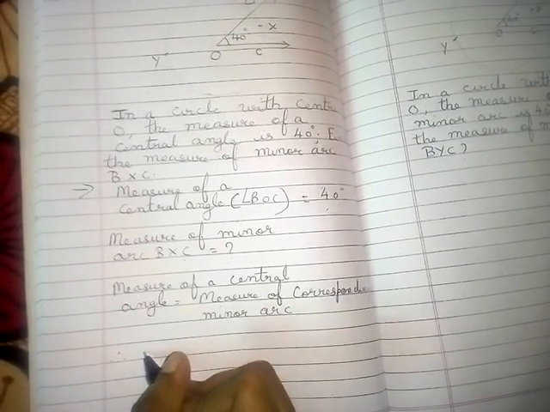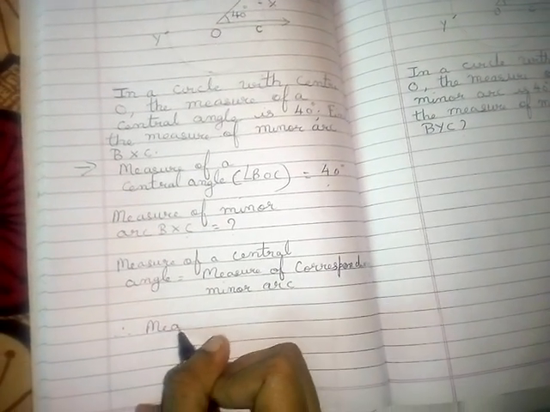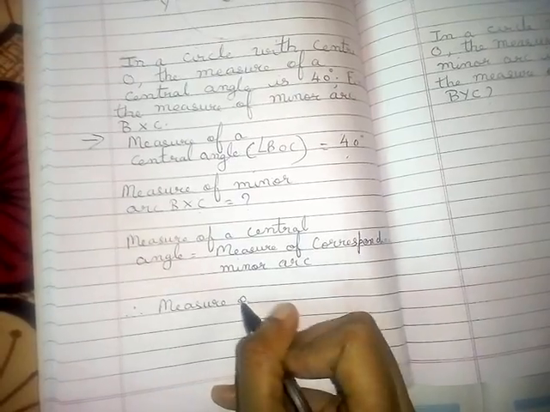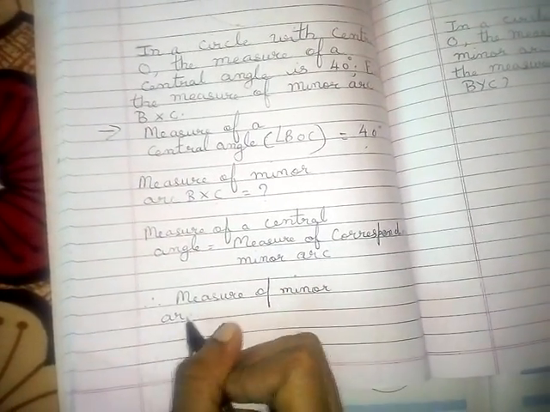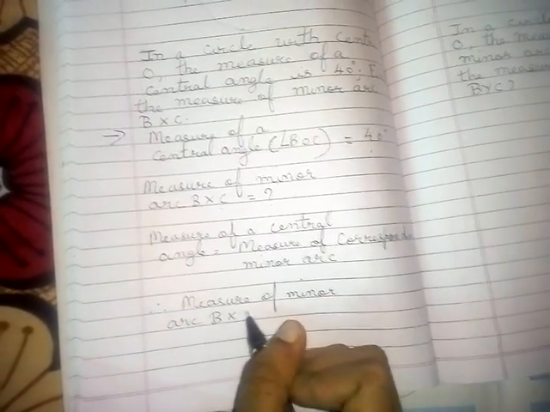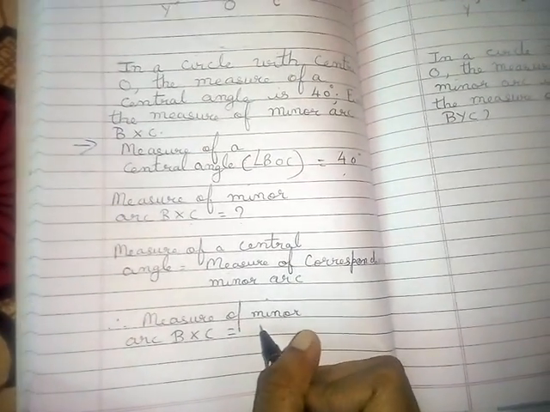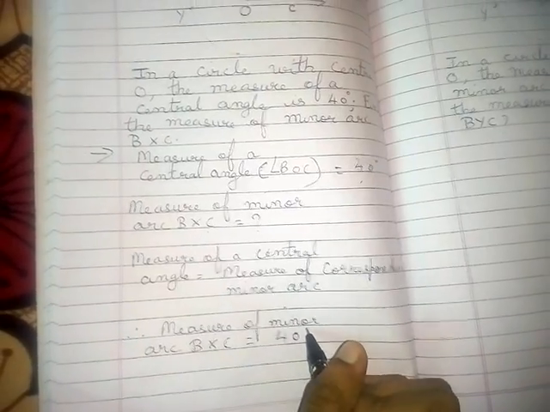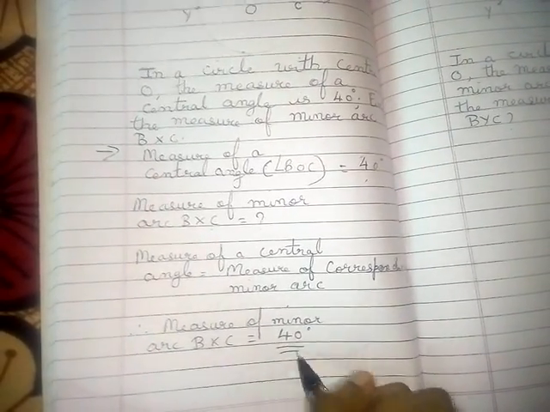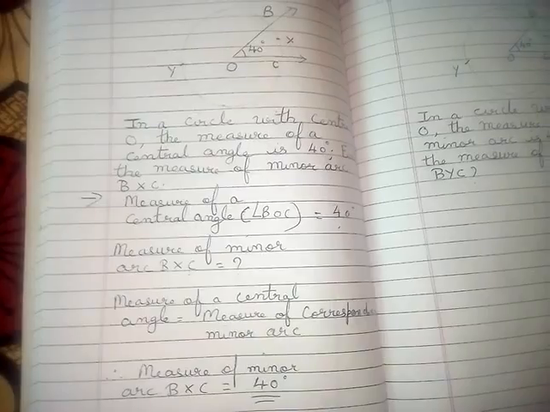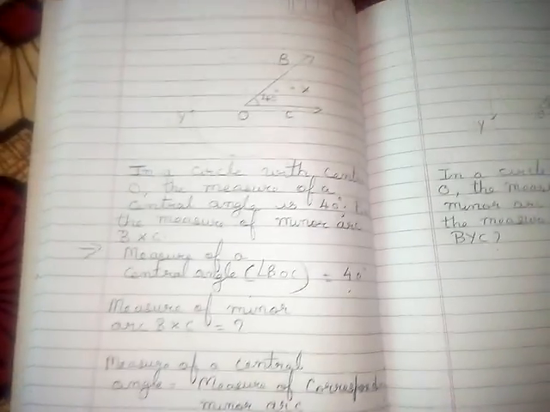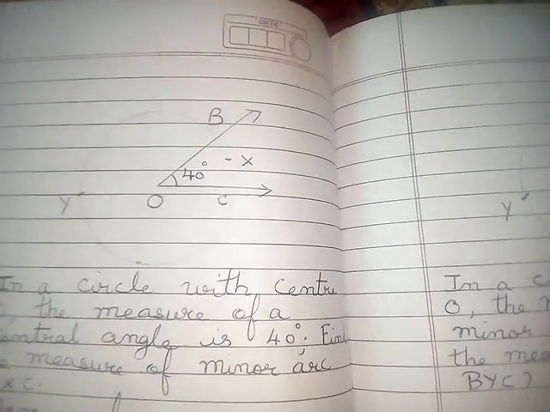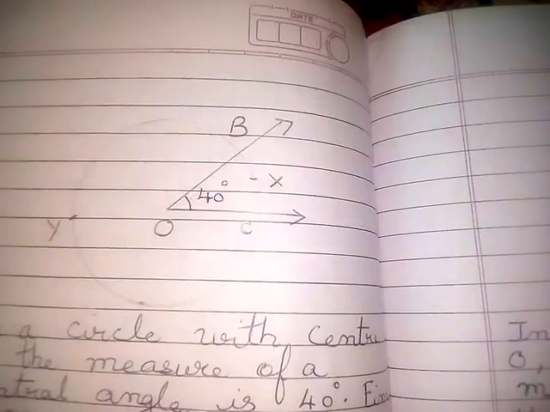Therefore, measure of minor arc BXC is equal to 40 degree. Got it? Now we do measure arc. If you can't see the circle, you can see here. Okay.